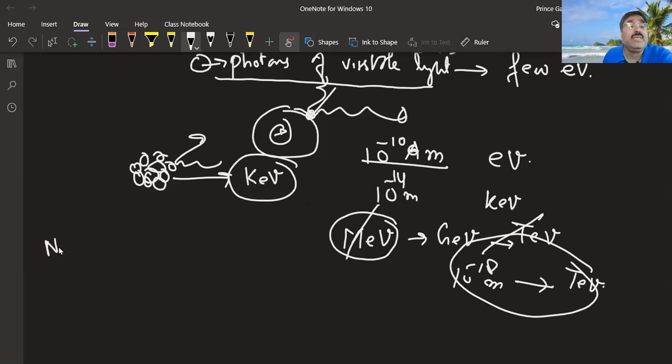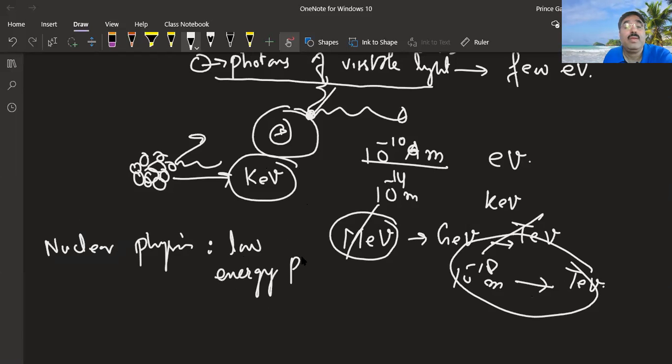So nuclear physics, in the sense of energy, is called low energy physics. And what about atomic physics? That is very low energy physics, because the energy scales are lower by at least 1,000.